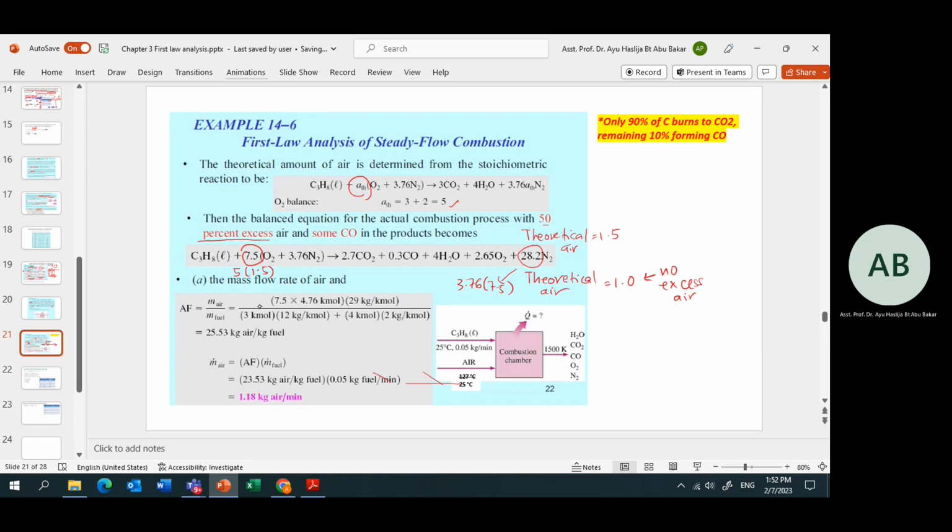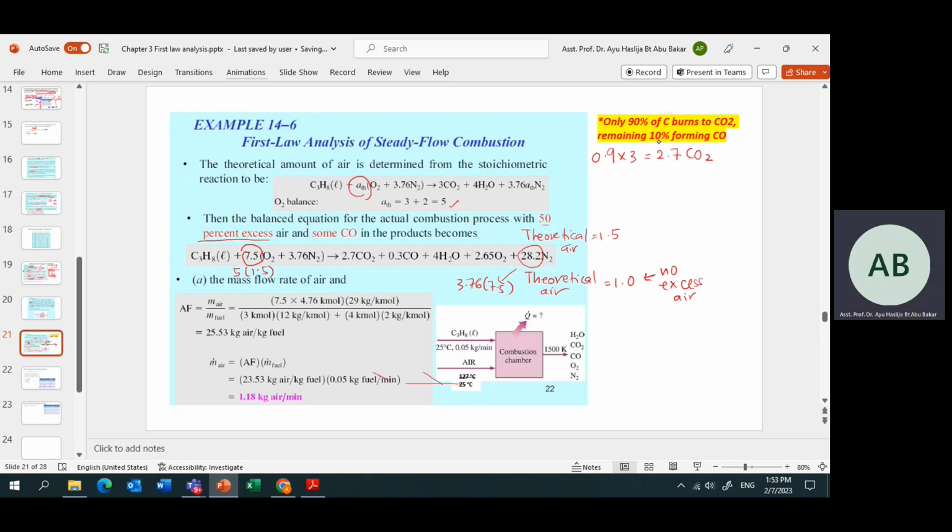Now, the question mentioned that only 90% of the C burns to CO2. Here we have 3. 90% of the 3 is 2.7 forming CO2.